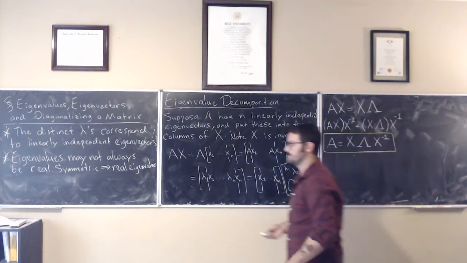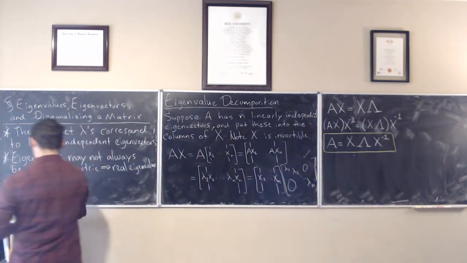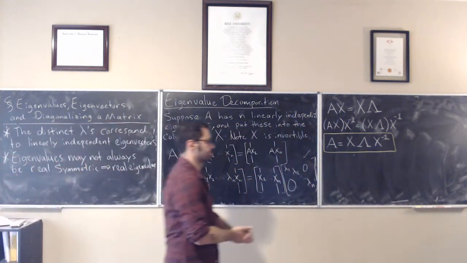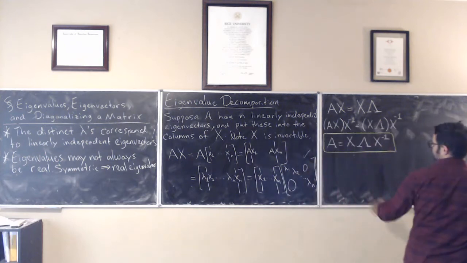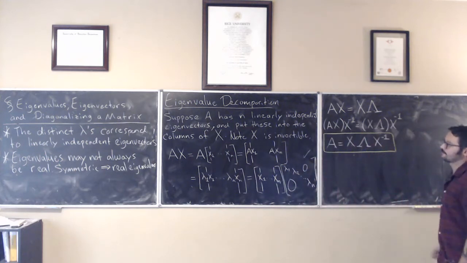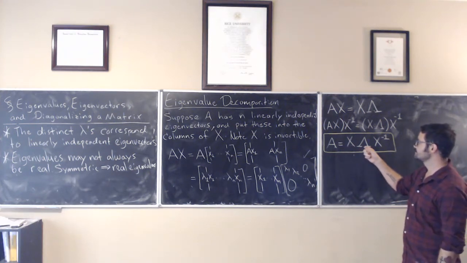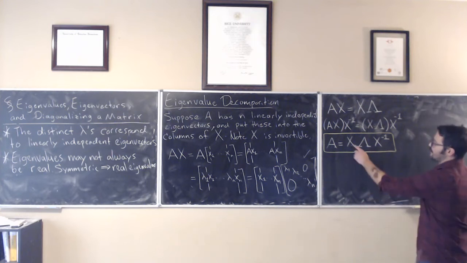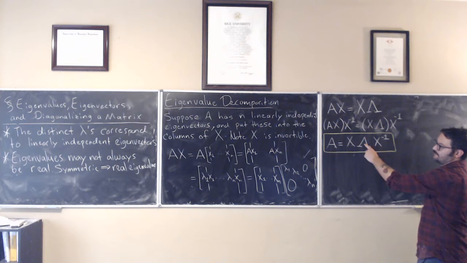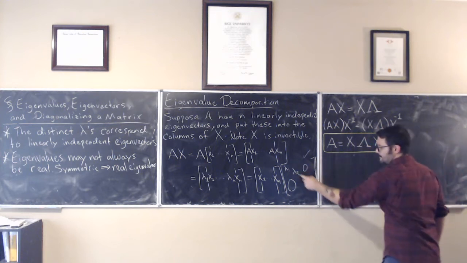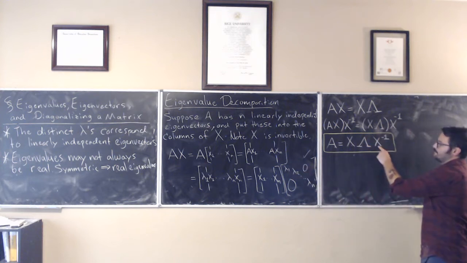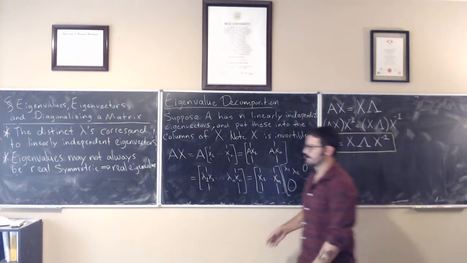That's an eigenvalue decomposition of A. It's a factorization of A. You can factor A into eigenvectors as the columns of this matrix, on the diagonal of this matrix we have the eigenvalues, and then we have the inverse of X.